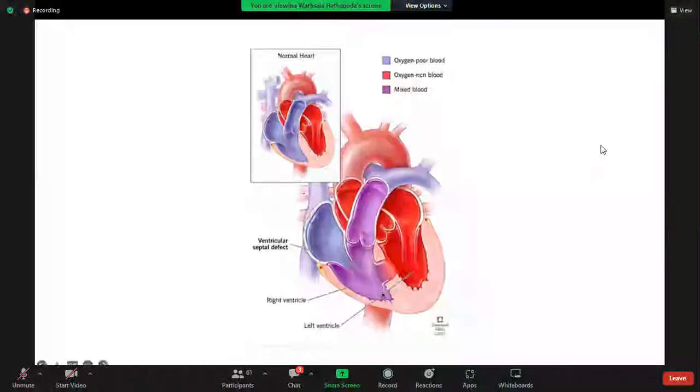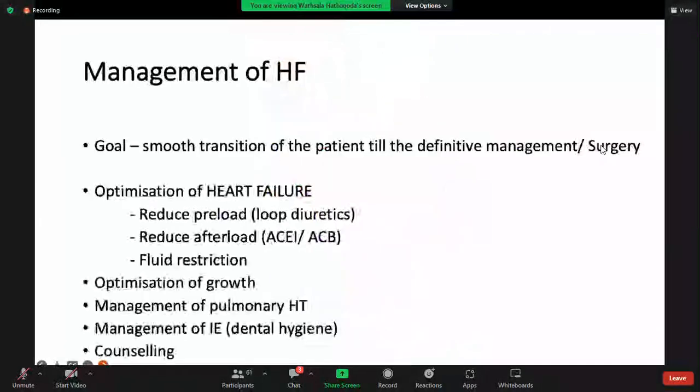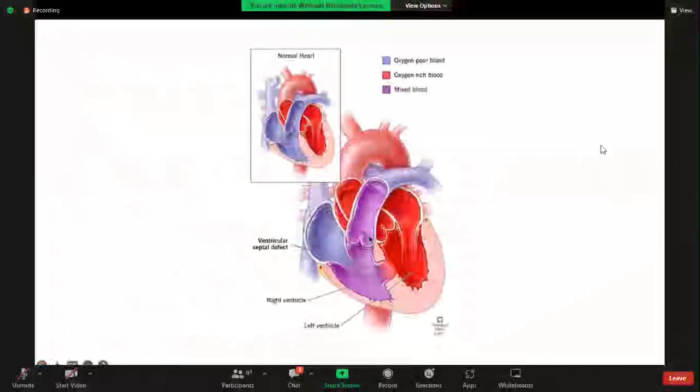So what should be the management strategies? One thing, you have to reduce the shunt, and then you have to reduce the pulmonary flow. So that's why you have to reduce preload, afterload, and use fluid restriction. And the other important thing is oxygen.